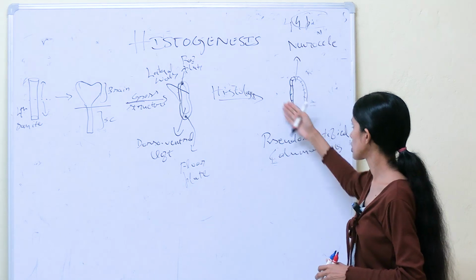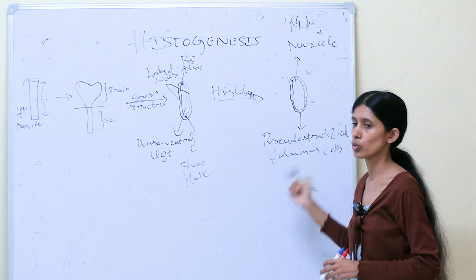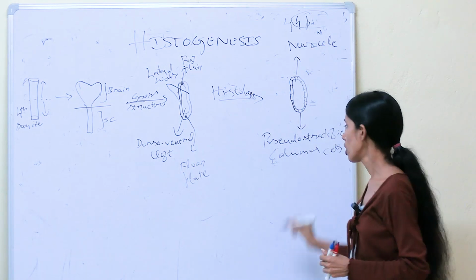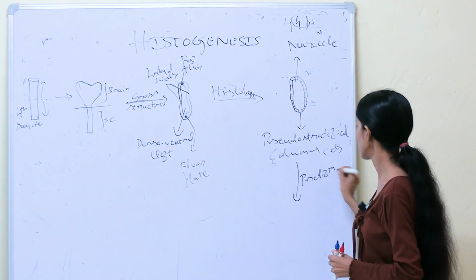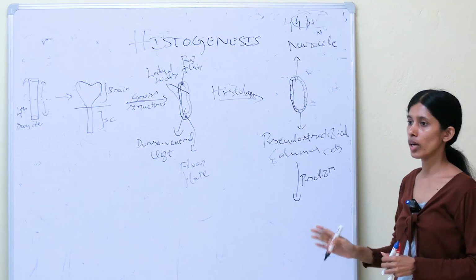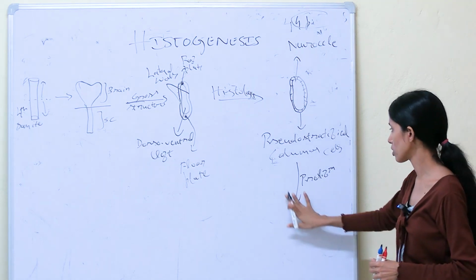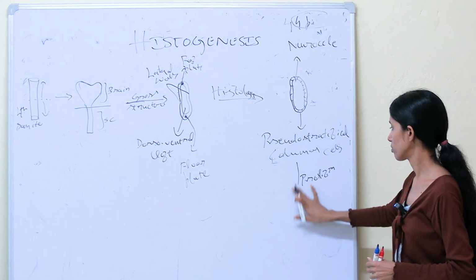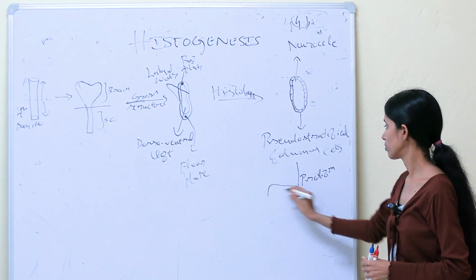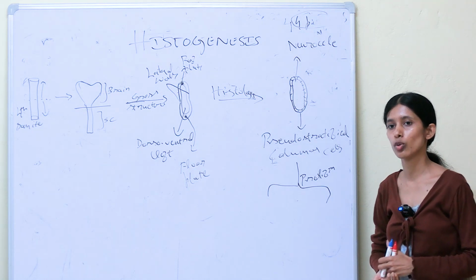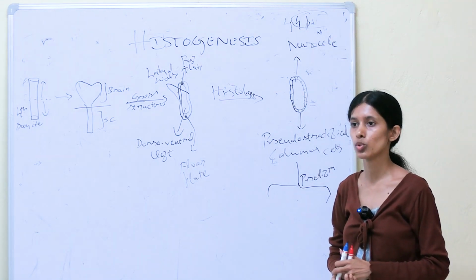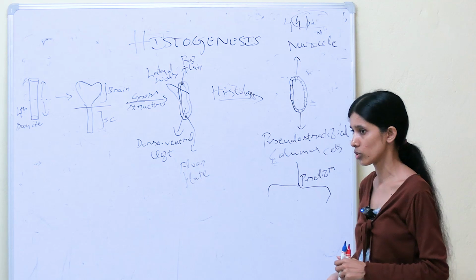Whatever cells are present here, your pseudostratified columnar cells, will undergo proliferation and give us two different types of cells. What are those?